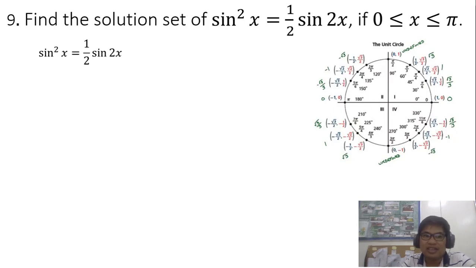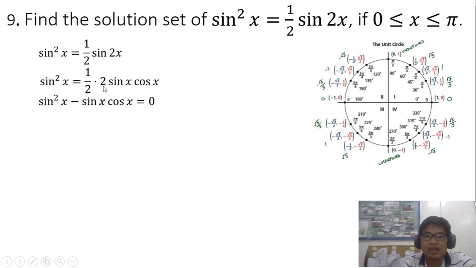So let's have our sine squared x is equal to 1/2 sine 2x. So ang atong buhaton, ato ni siyang gamiton na ang identity. Katong double angle identity that is equal to 2 sine x cosine x. We simplify this one, that will become sine x cosine x, and then we transpose it to the left hand side.